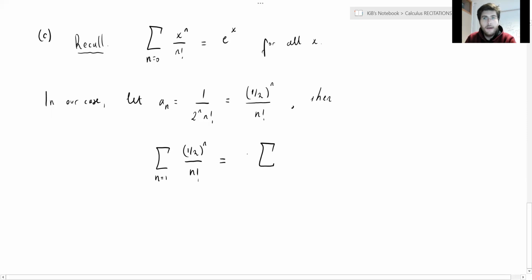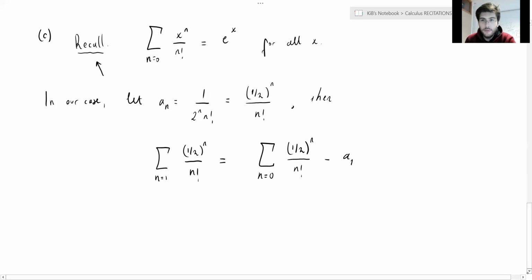We almost have exactly the same series as in the recall, but not yet. A small maneuver gives us what we want. If you write it down like this, now we are done.